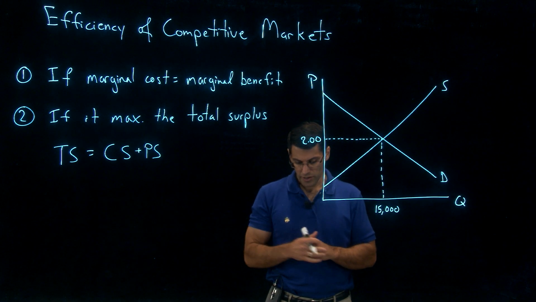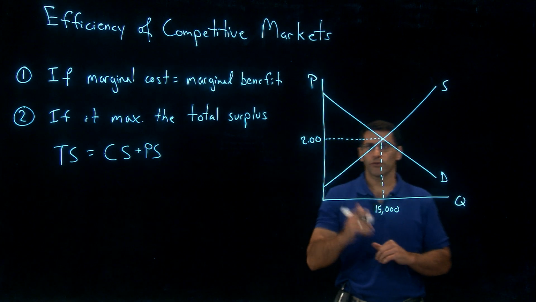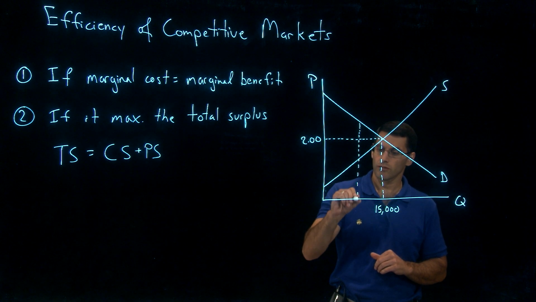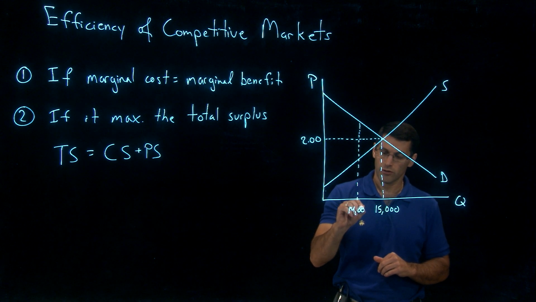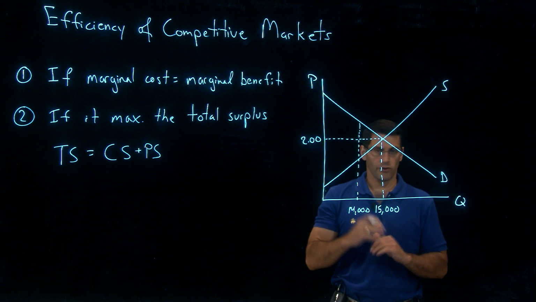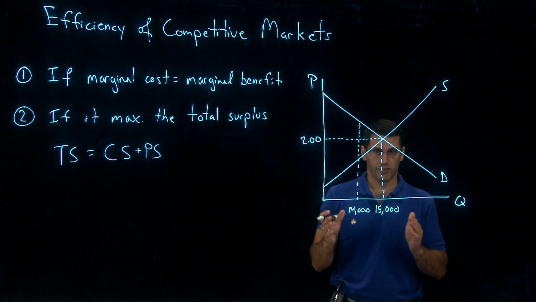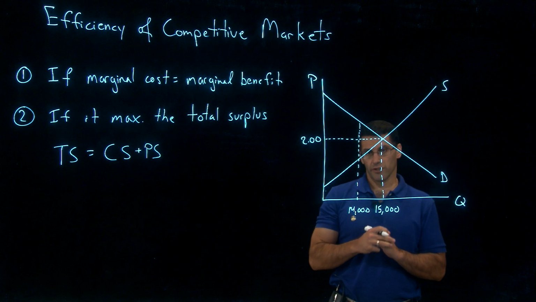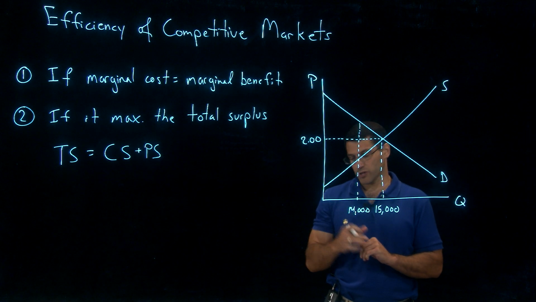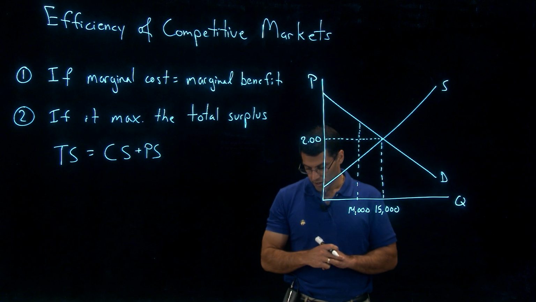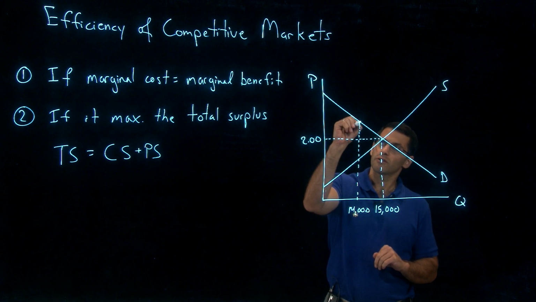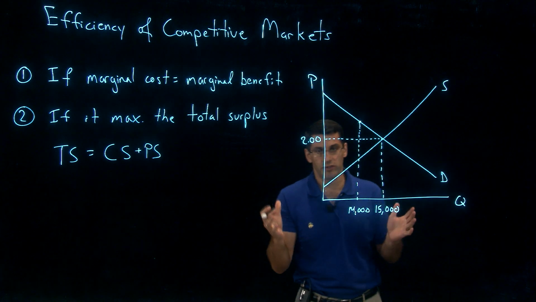Well, imagine if instead we only sold 14,000 chai lattes. Notice I'm not drawing this to scale on the x-axis, just making it easier to illustrate. Well, what would be true at that 14,000th chai latte, that marginal chai latte, that very last one? Let's say there's some consumer represented here on this demand curve.